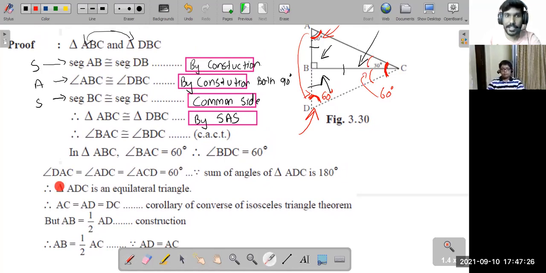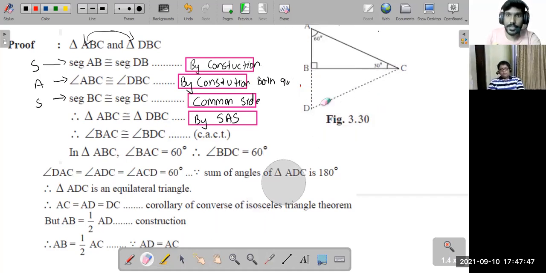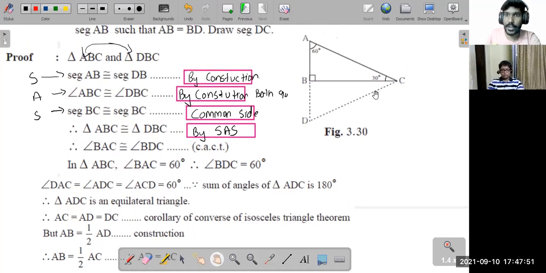So angle DAC, that is this one, equal to angle ADC, this one here, equal to angle ACD, this one here, and all three of them are 60 degree. If you add all of them, 60 plus 60 plus 60, you will get 180 degree. That means this bigger triangle ADC, all of the angles are 60 degree.